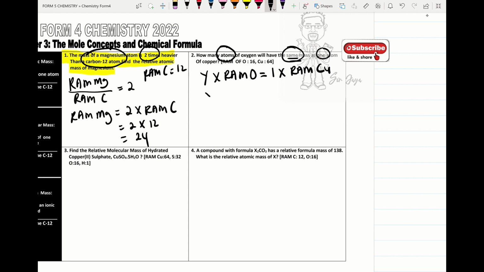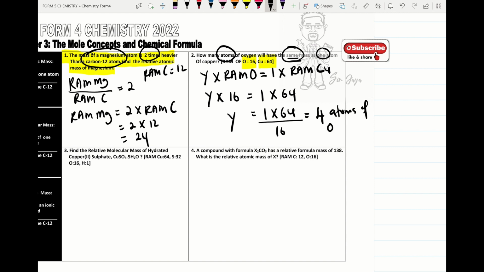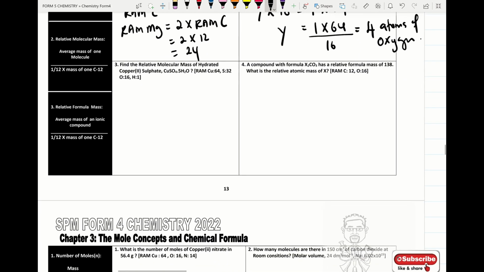Y times the RAM of oxygen, 16, equals 1 times the RAM of copper, 64. So we find Y: 1 times 64 divided by 16, the answer will be 4 atoms of oxygen.